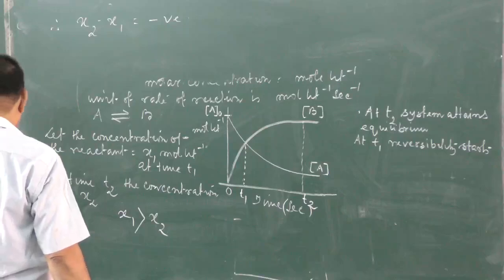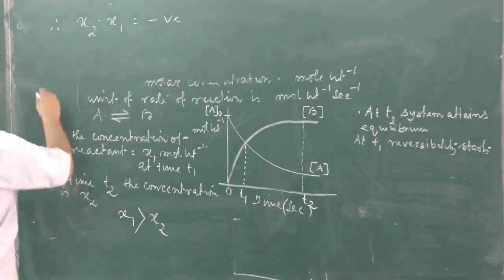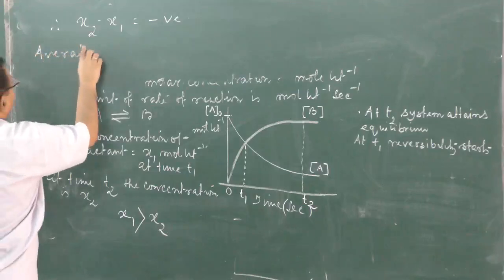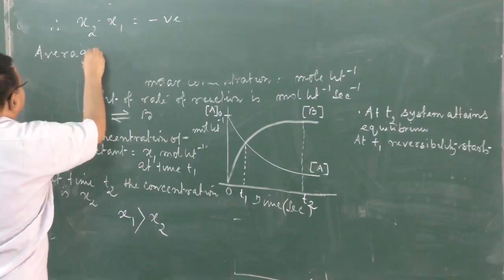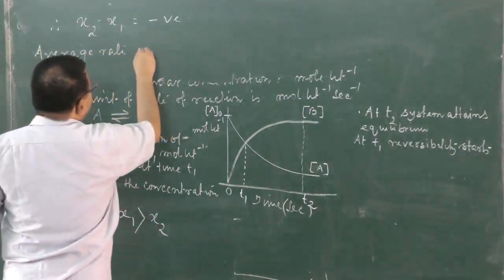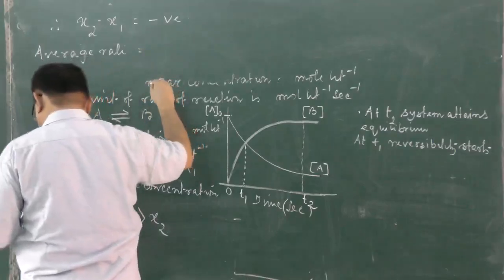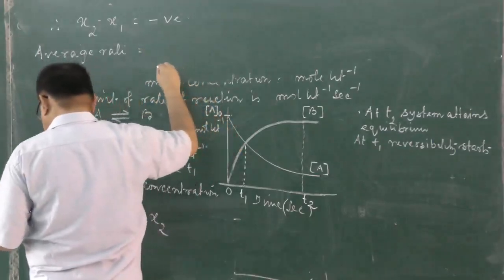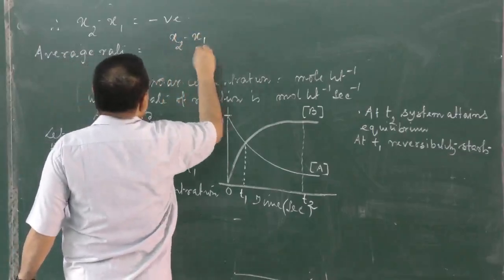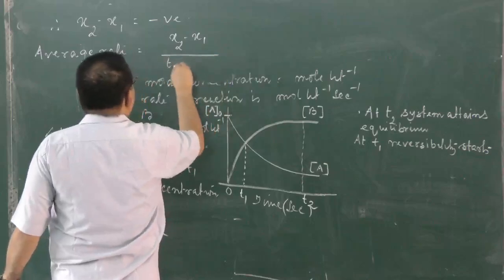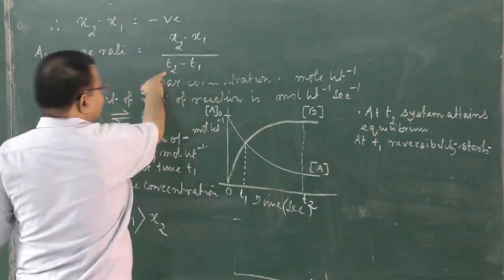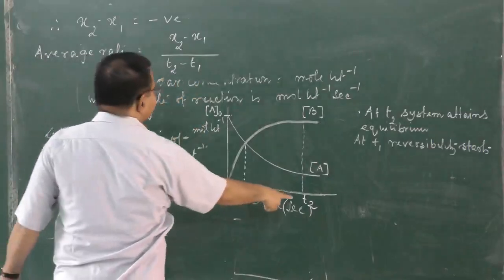Now that is negative. So the average rate is equal to x2 minus x1 divided by t2 minus t1. t2 is greater than t1, because time is t2 here.